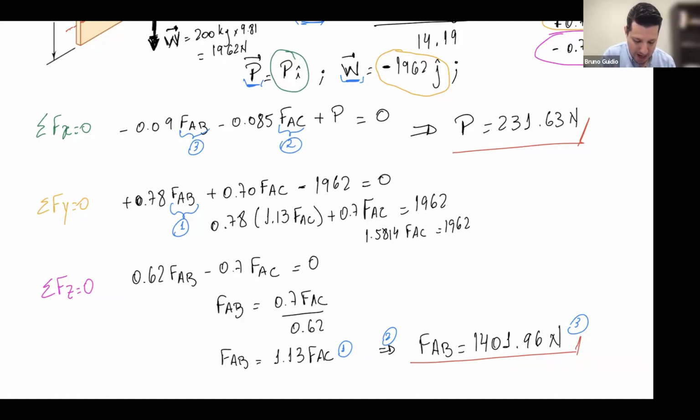Then divided by this, what I wrote was FAC 1240.67 newtons. You're going to multiply this one.